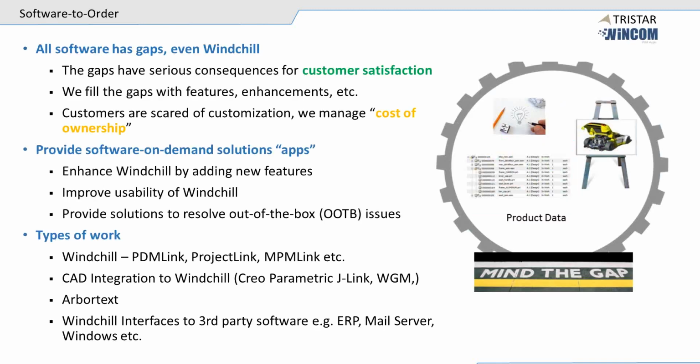So the whole purpose of these apps is every software has gaps. Every software is designed a certain way. Certain customers want to use it a different way. So it's the same with Windchill.